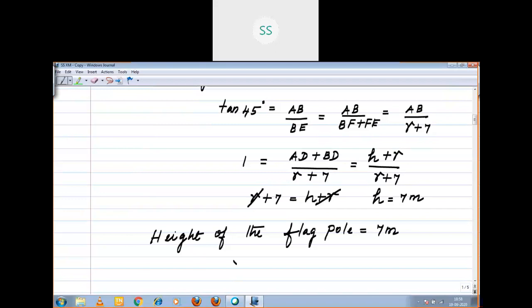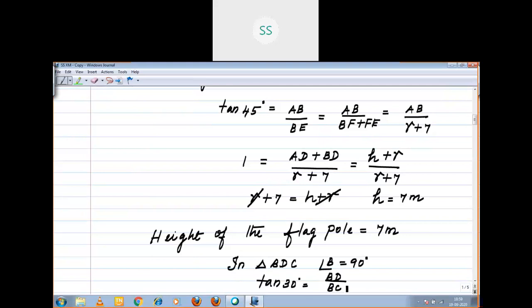In triangle BDC, angle B equal to 90 degree. Then what is your tan 30 degree equal to? What is your opposite side? BD. What is your adjacent?